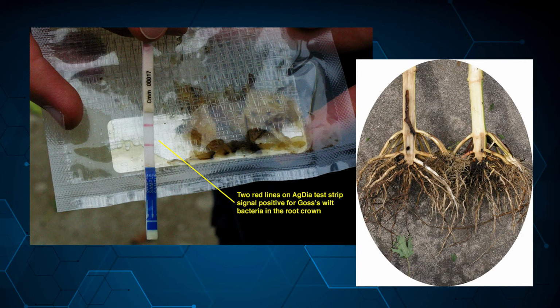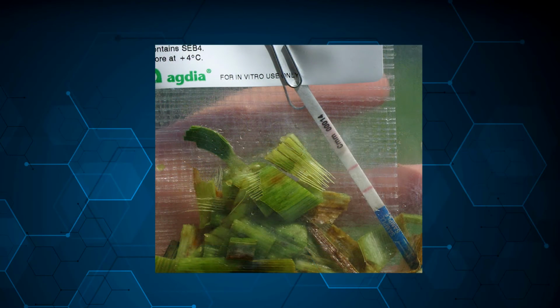AgDia has a serological test, so that if you're questioned whether it's Clavibacter nebraskaensis or Goss's wilt, it's a matter of just putting some tissue in the sample bag and under the conditions there, and then in a half hour or so you have a positive or a negative test. So it's easy to confirm.